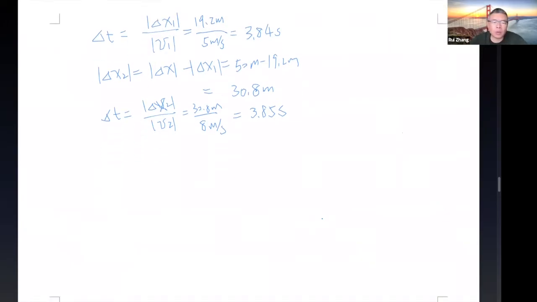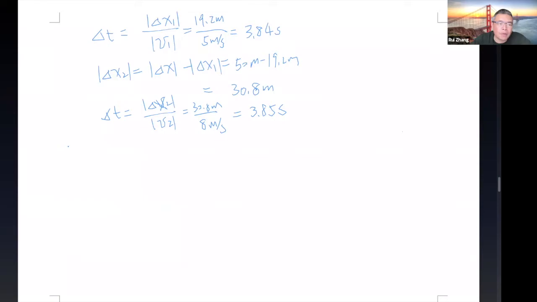We'll talk about the second part of this chapter, which cares about specific kinds of motion. As always, we'll start from some simple motions.